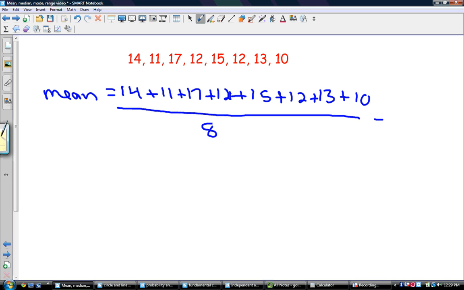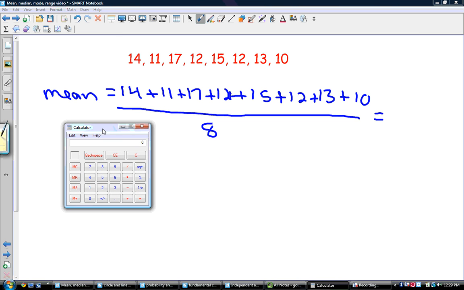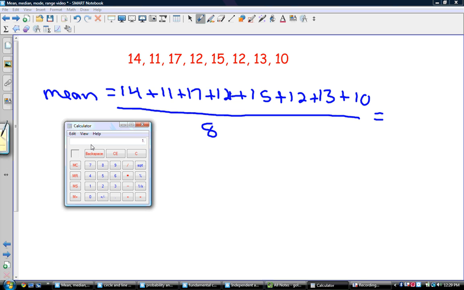Now, to make this quick, I'm just going to pull up the calculator here, and I will add all these together. So I have 14 plus 11 plus 17 plus 12, 15, 12, 13, and 10. And so that gives me 104.